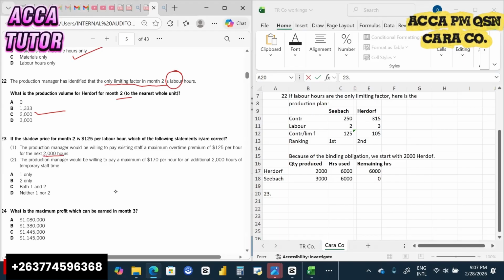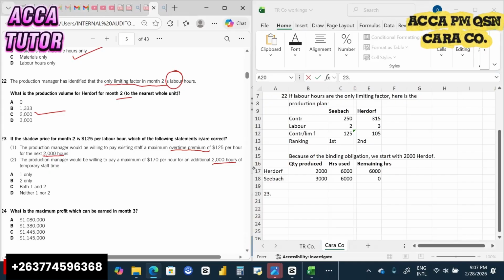It's not really important whether they say 5,000 hours or 10 hours, you just have to understand the theory. So the shadow price is that extra contribution we are going to earn, or that extra cost we are going to incur if we add an extra unit of the scarce resource. So here the production manager will be willing to pay existing staff a maximum overtime premium of $125 per hour for the next 2,000 hours.